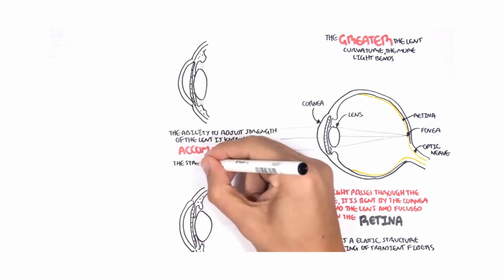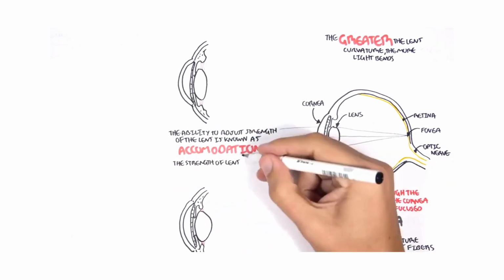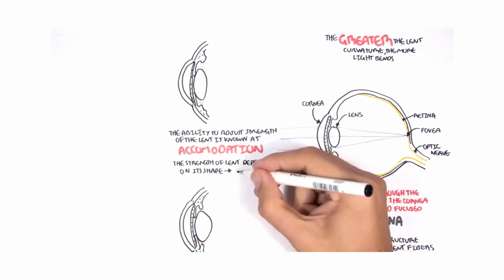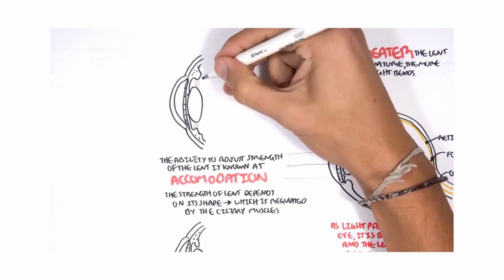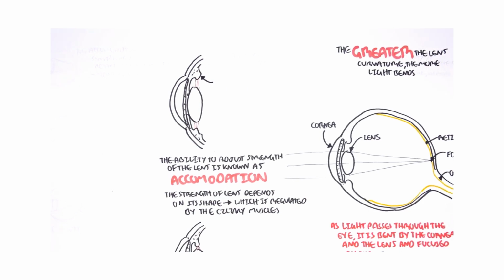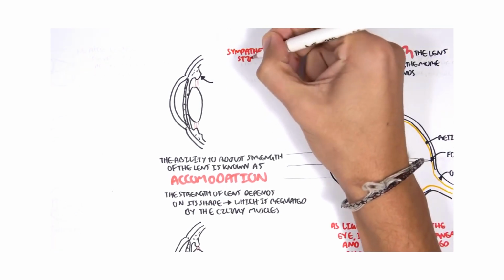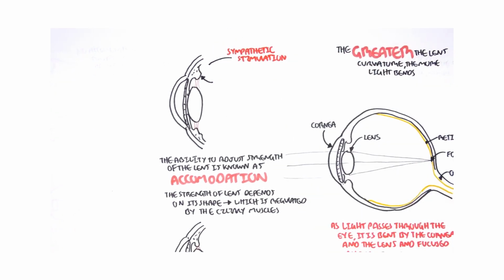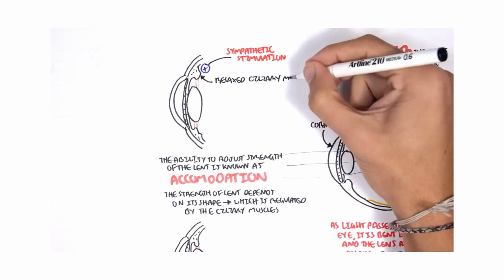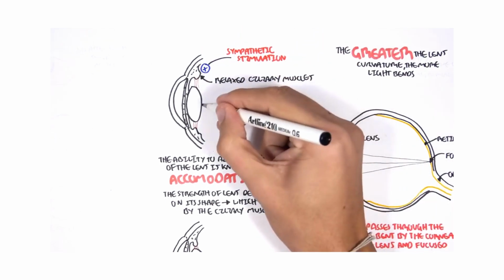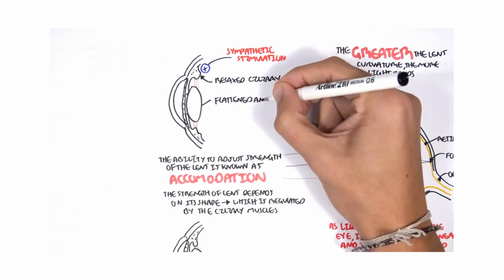So the strength of the lens depends on its shape, okay, which is regulated by the ciliary muscles. So if you remember your anatomy, here is your ciliary system. Sympathetic stimulation causes the ciliary muscles, the bodies, to relax, and this will cause the lens to flatten and weaken.